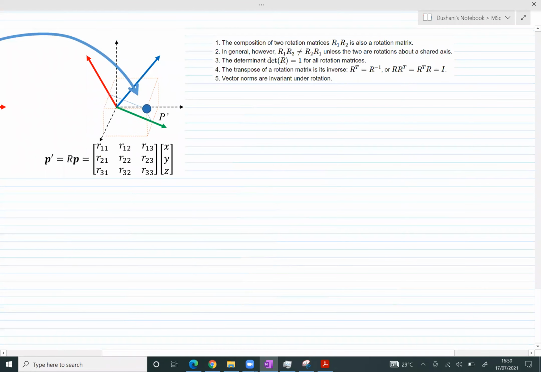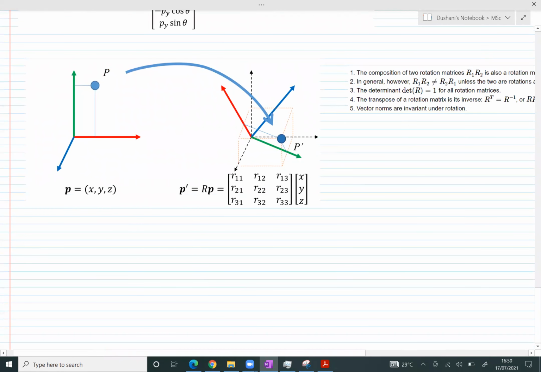Then when we go into 3D rotations, in 3D, rotations can also be defined as linear transformations, although parameterizing them is not as simple as in 2D. 3D rotation representations can be represented by a matrix equation as P dash is equal to RP, where, for example, we could say that R is equal to a 3 by 3 rotation matrix.